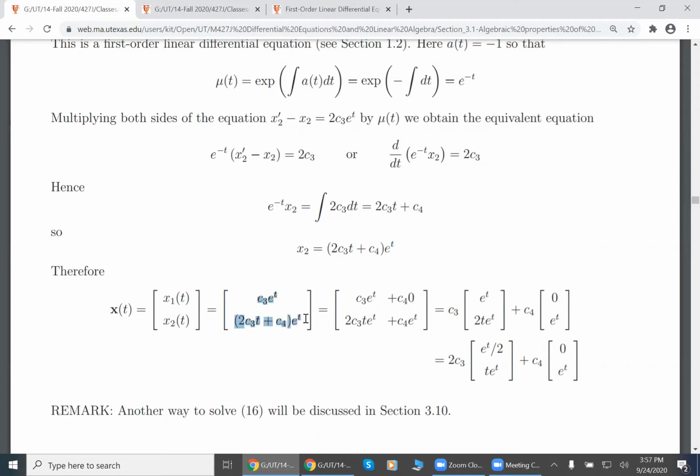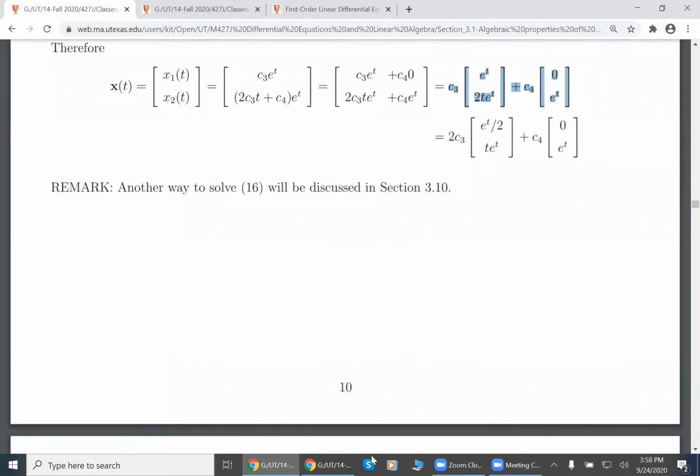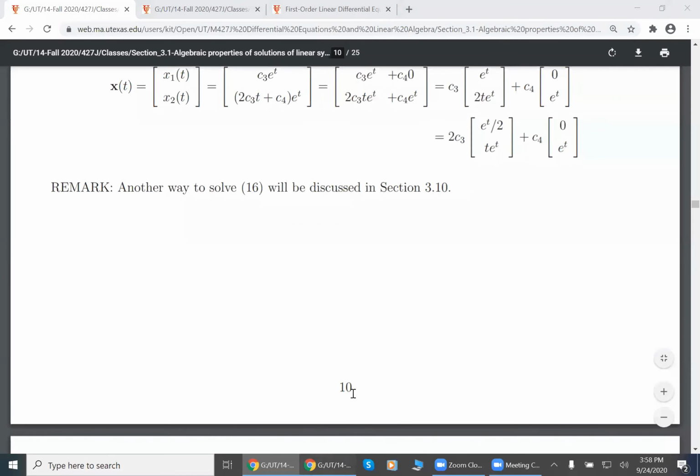This is the final answer. But again, as before, rewrite c3 e to t as same thing plus c4 times 0 and split this into two pieces.